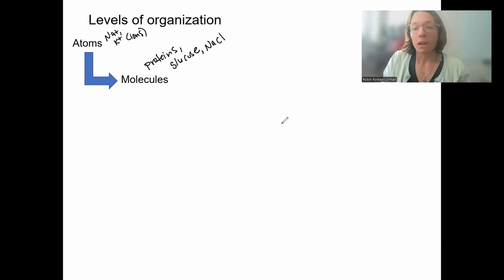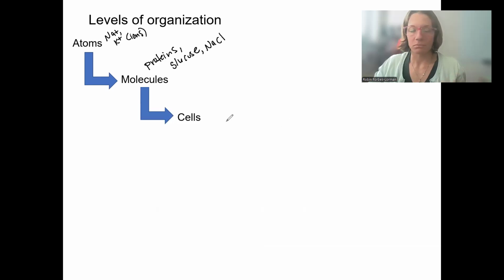Molecules are both inside and outside of our cells and help our cells have certain functions. So molecules are what compose cells in various types of organization.